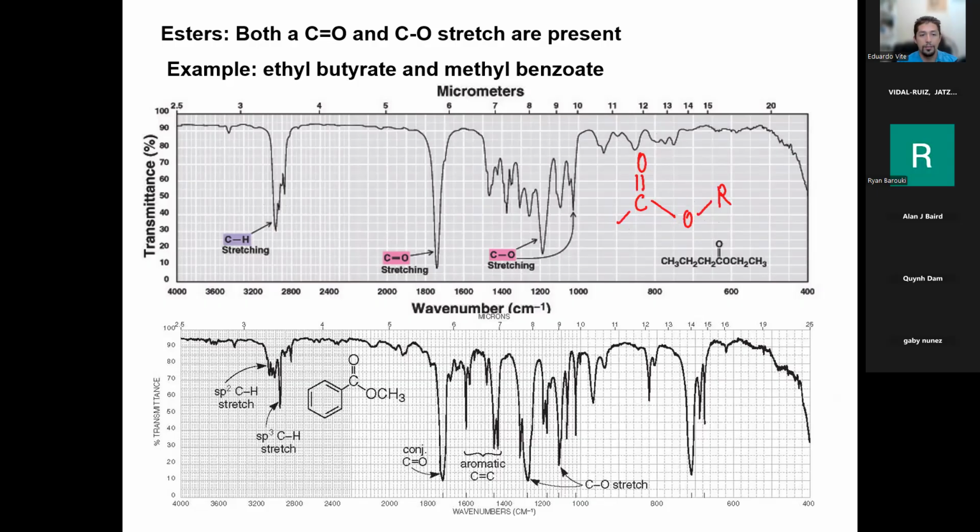What's over here in the pink and the purple? What's this? Yes, the patterns are the key to everything. So what's this here at around 3000, 2900? What are these? These are everywhere. Every molecule has them.